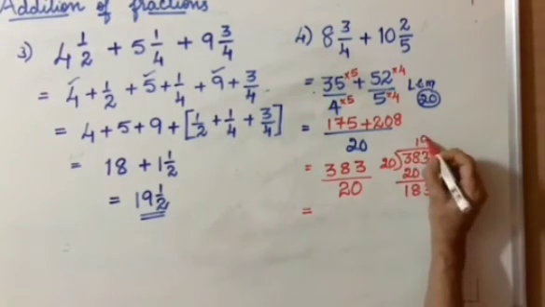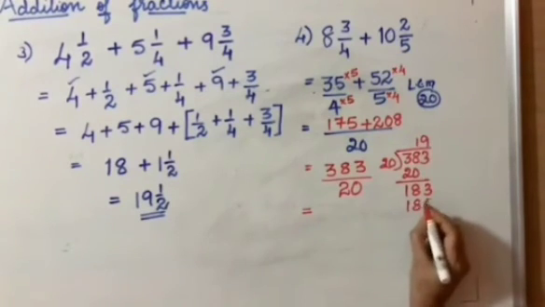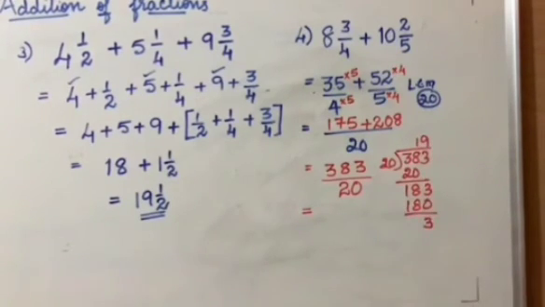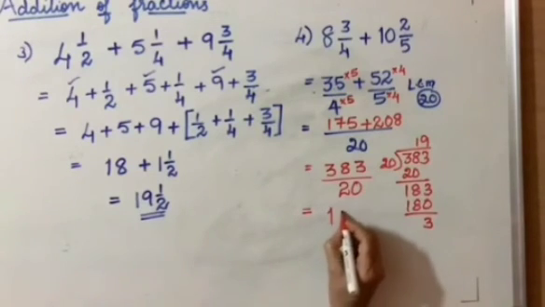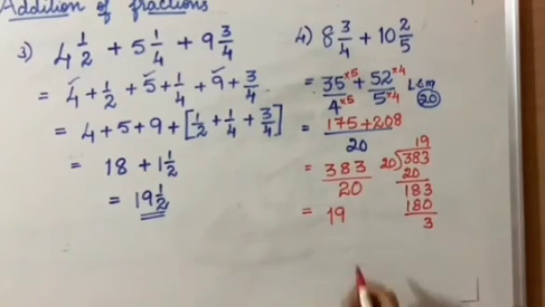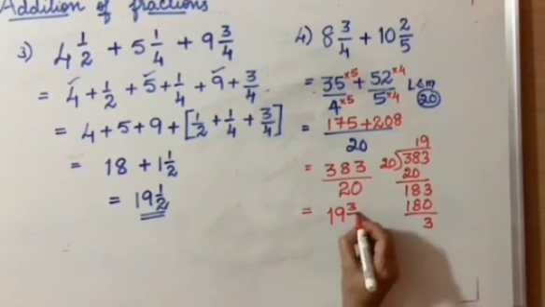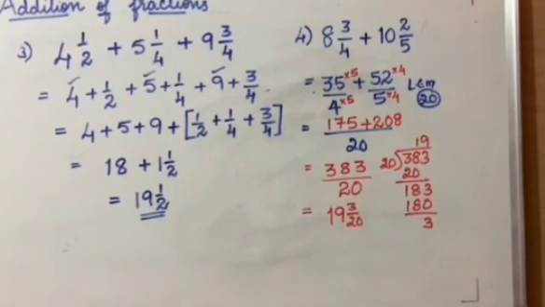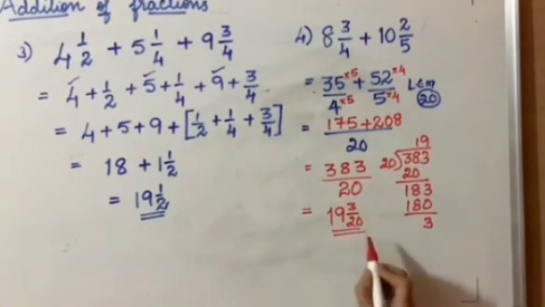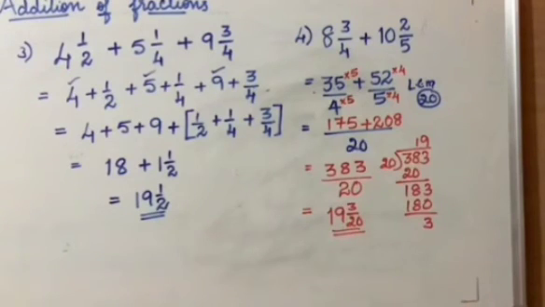So 20 9s is 180. Agreed? So what is the answer? 19 is the whole number. 3 is the numerator and 20 is the denominator. Okay. So the answer is 19, 3 by 20.